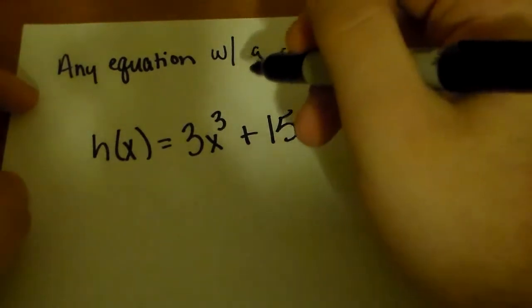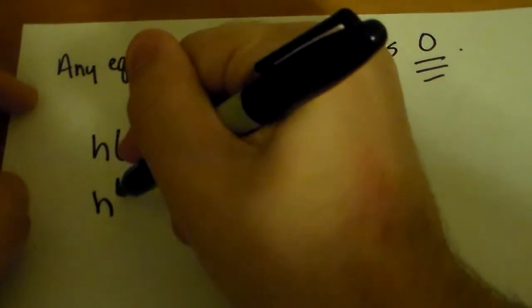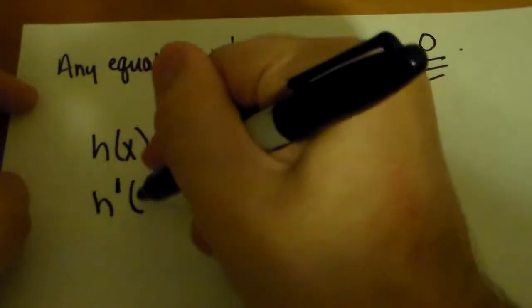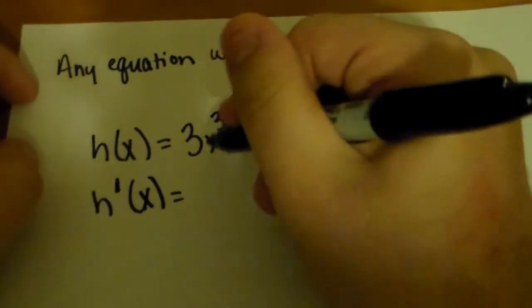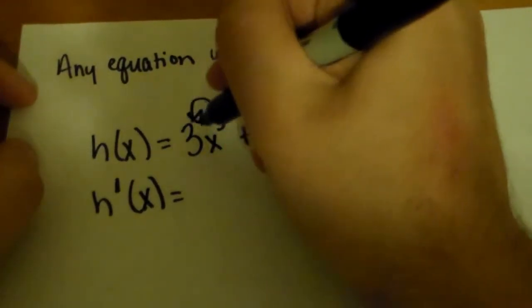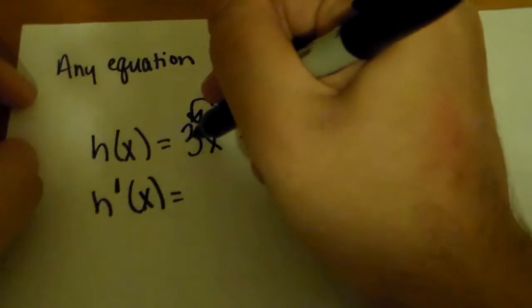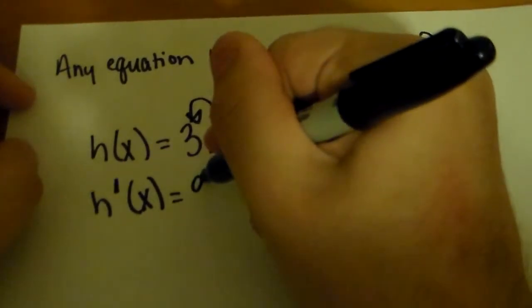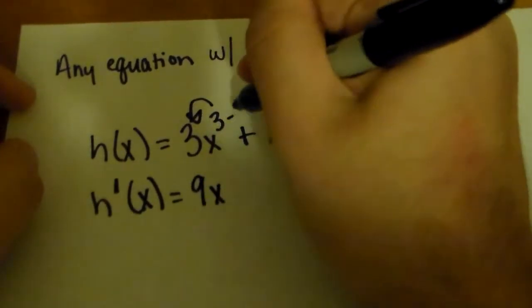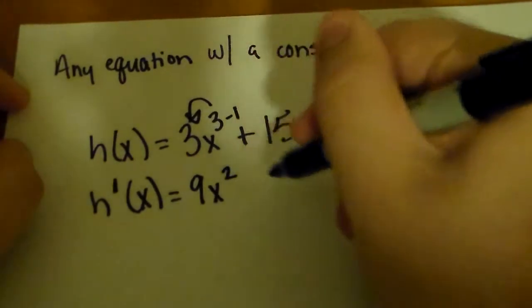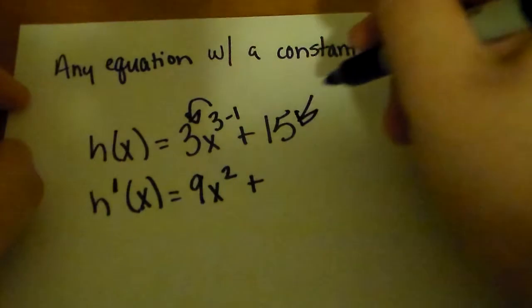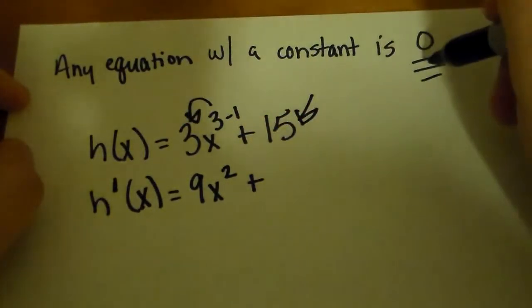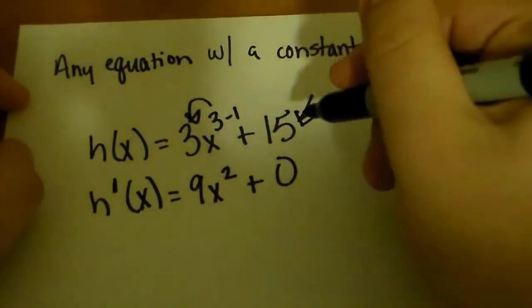To find the derivative of this equation, we will write h prime, never forget this, of x equals, we bring that down, multiply this 3 here by this, which will become 9x, subtract 1, 9x squared, plus the derivative of any constant, as I stated up here, is 0.